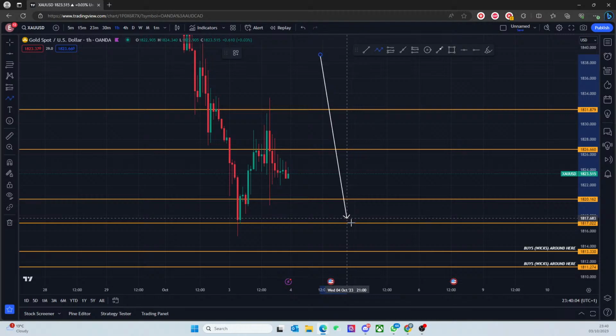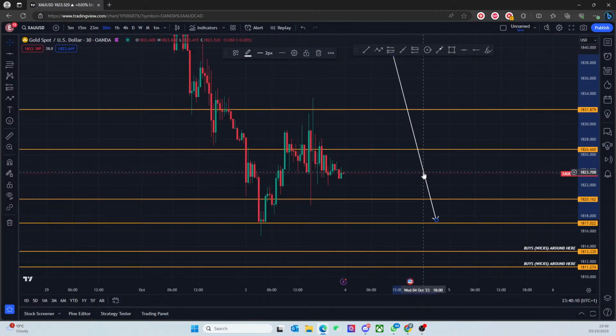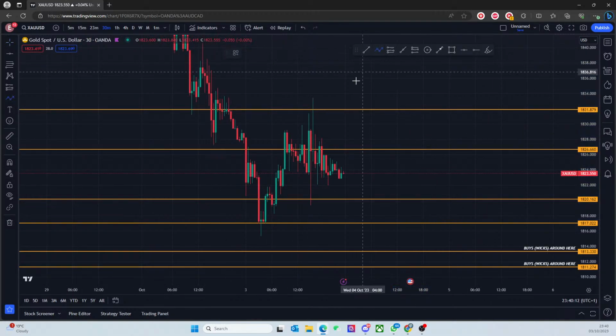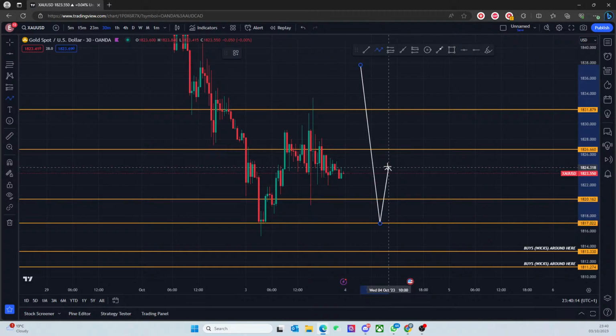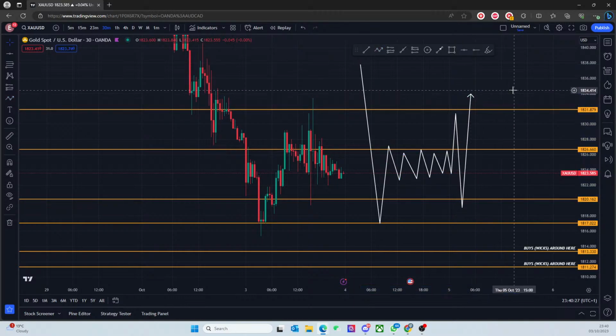You had initial liquidity right here, but if you go into a lower time frame, price came down, came back up, started ranging in these areas, grabbed liquidity here to grab liquidity down here so that it can start pushing up. Does that make sense? We're always in a cycle.